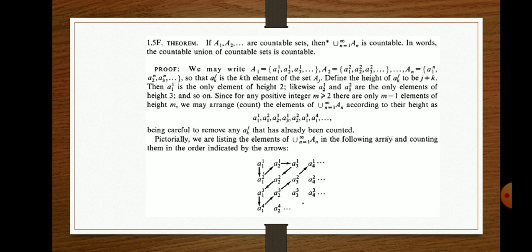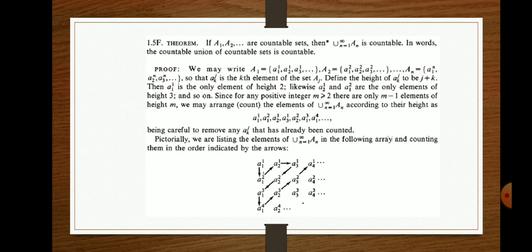So pictorially we can draw it. First one is A11, the next element is A12, the arrow is moving towards A12. The next one is A21, the arrow is moving towards A21. Like that we can draw diagonally and we get all the elements of the union of An.